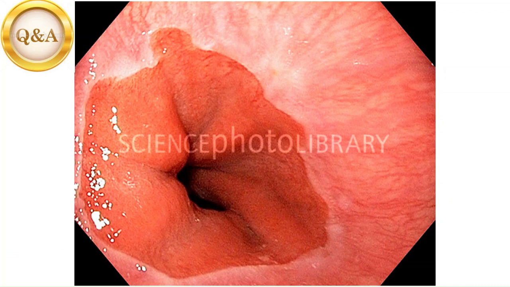When you go through the endoscopy lower down and you start to reach the stomach, there is a sudden change of epithelium from stratified non-keratinized squamous epithelium to columnar epithelium with glands.